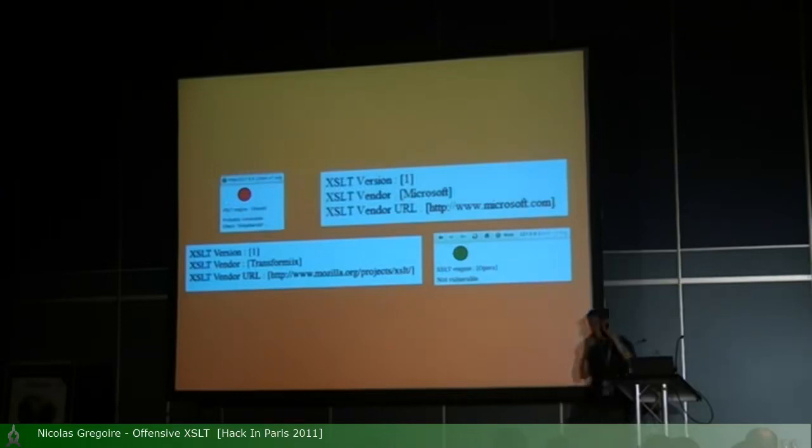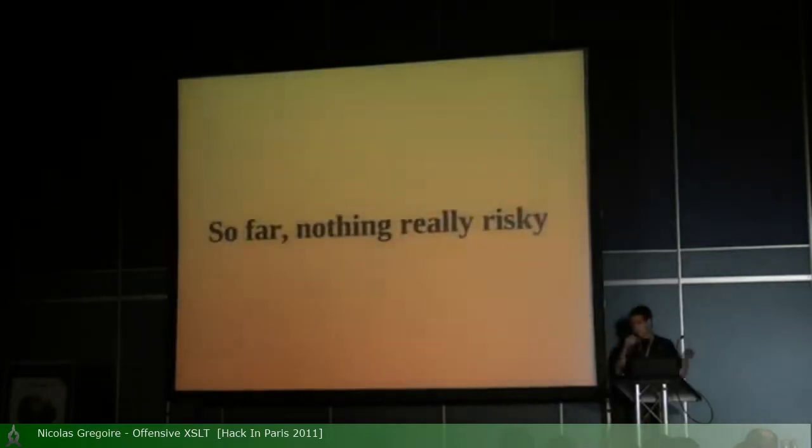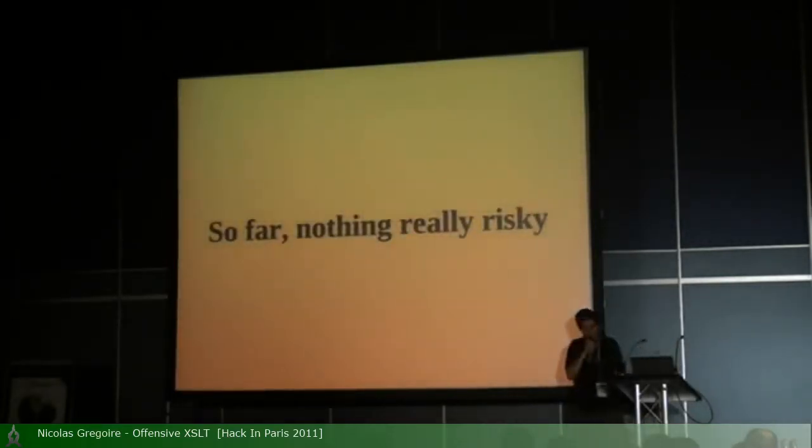So you have a red dot if the engine is vulnerable, and a green dot if not. So it's really easy to check the result.